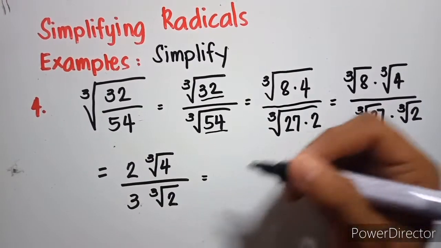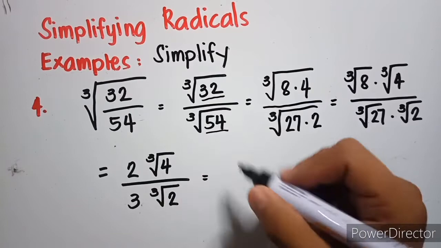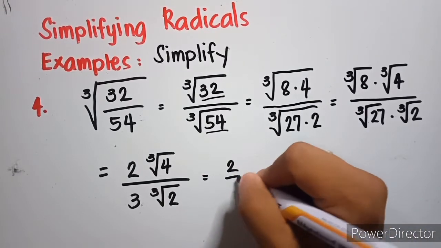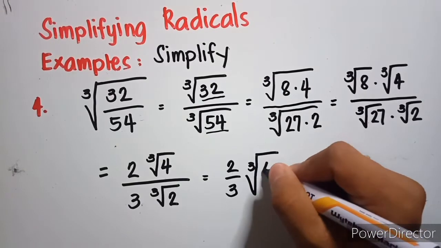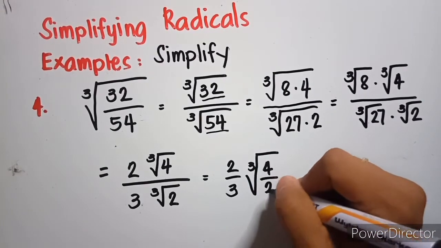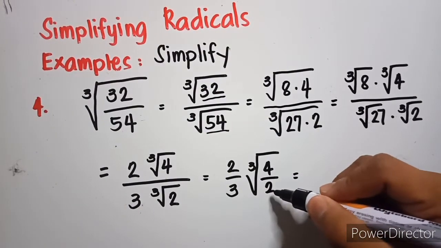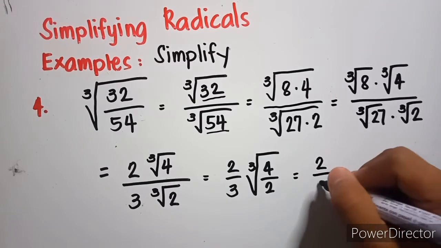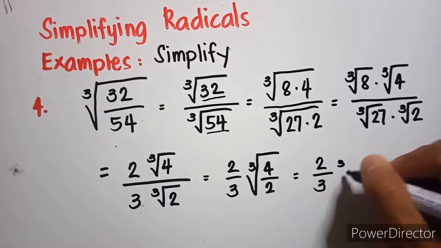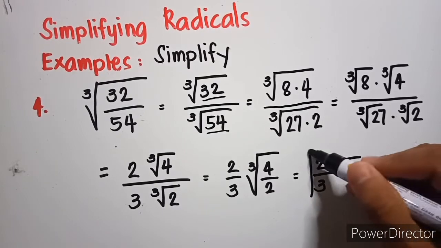Then, this is equal to, so, apply again laws of radical. So, 2 over 3 cube root of 4 over 2. So, this is equal to 4 divided by 2 is 2. So, this will become 2 over 3 cube root of 2. And this is your answer.